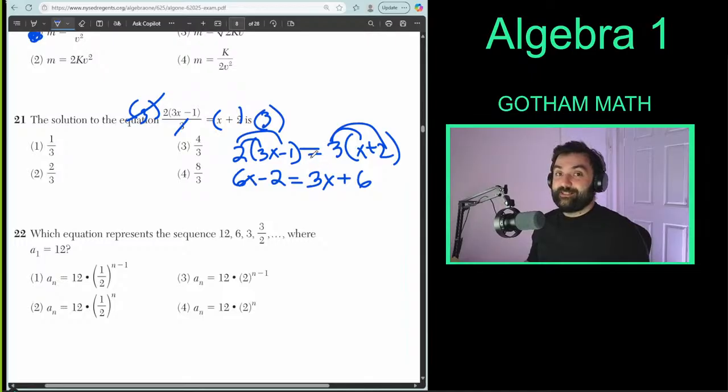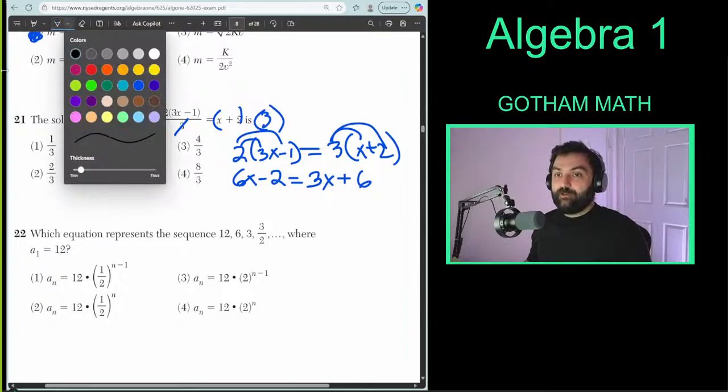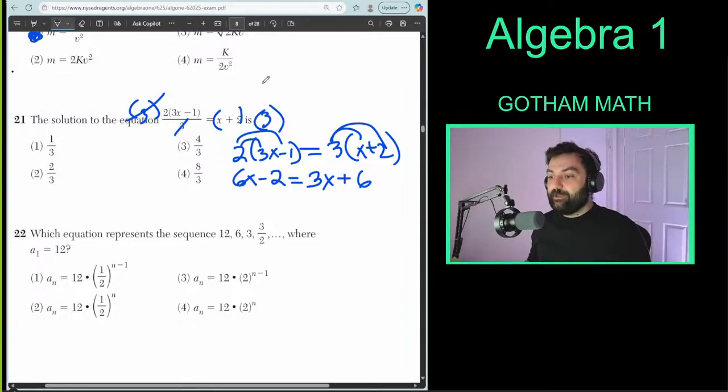And by the way, guys, I'm going to make a video on how this type of equation is solved differently in the United States and in other countries. Because they are solved differently. The American way to solve an equation like this would be balancing.